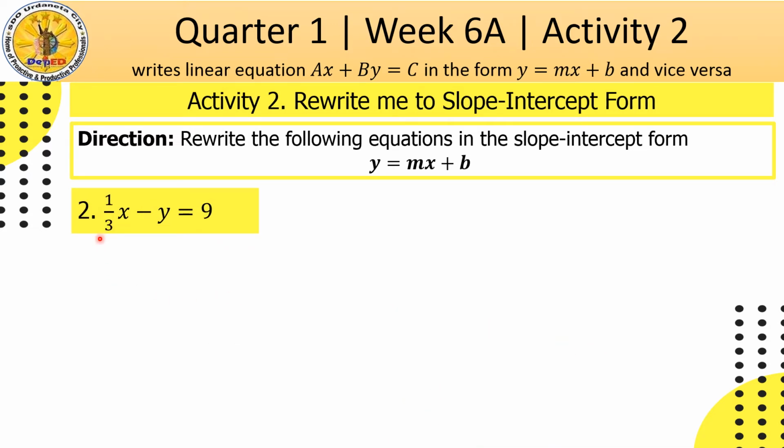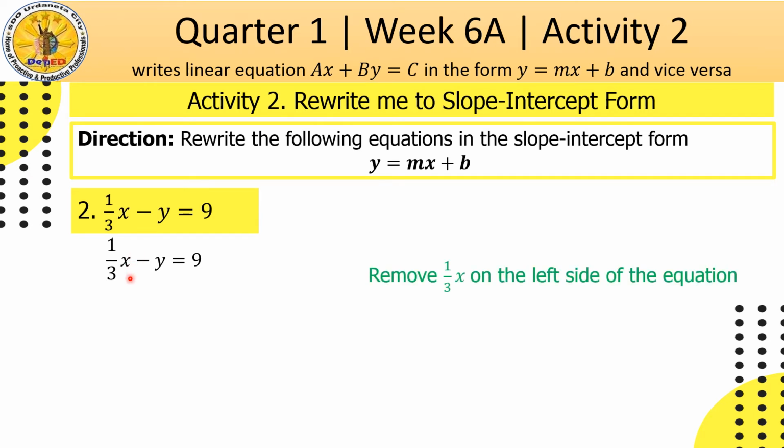Another example, we have 1/3 x minus y is equal to 9. So, let's copy again the given. We have 1/3 x minus y is equal to 9. Just like number 1, we need to remove the variable x here together with the constant.